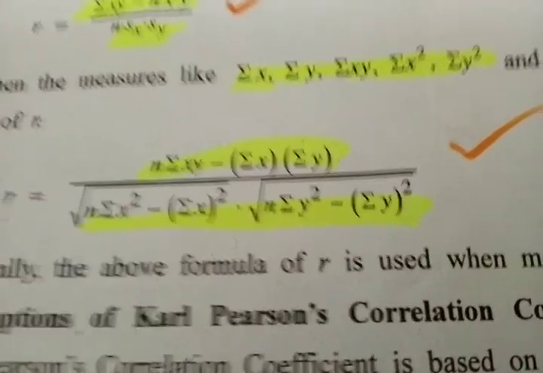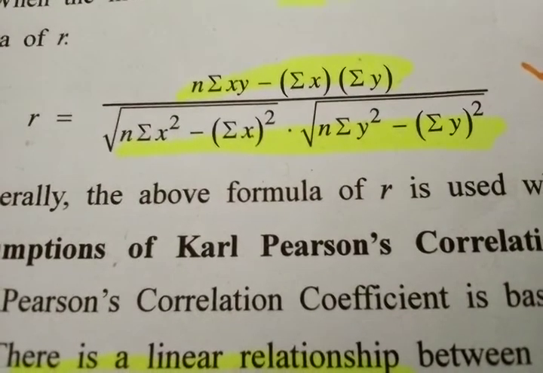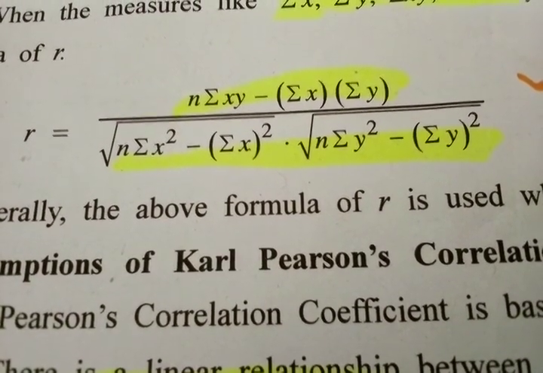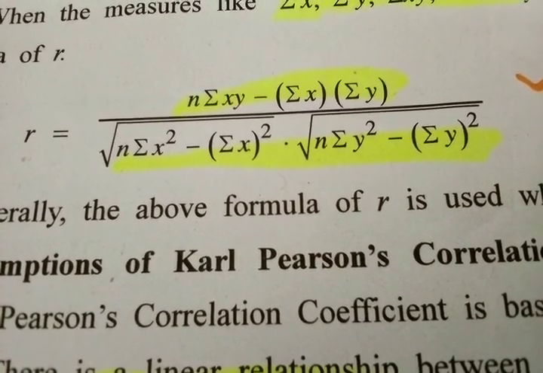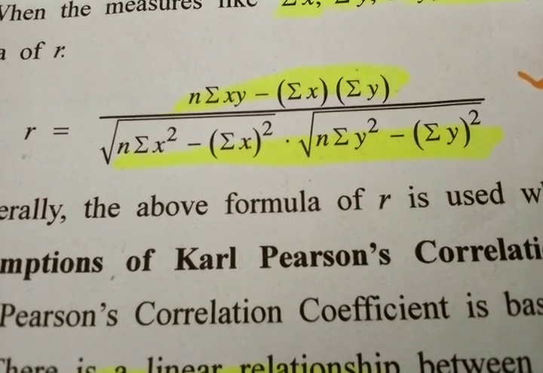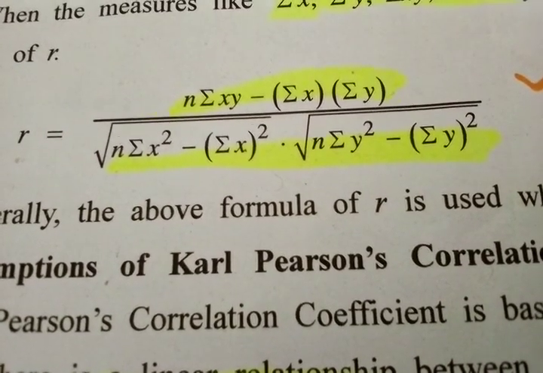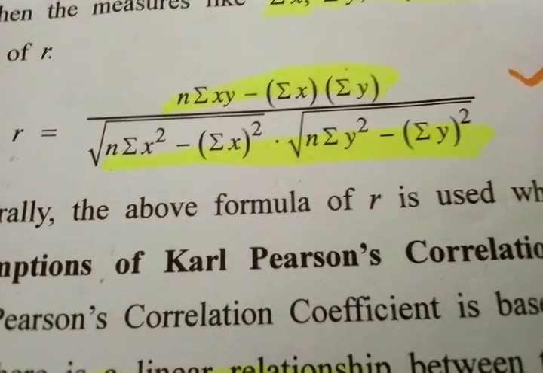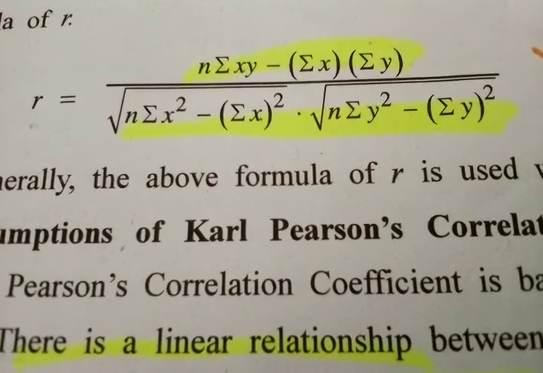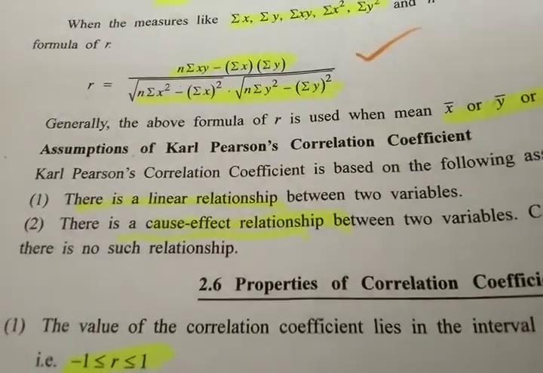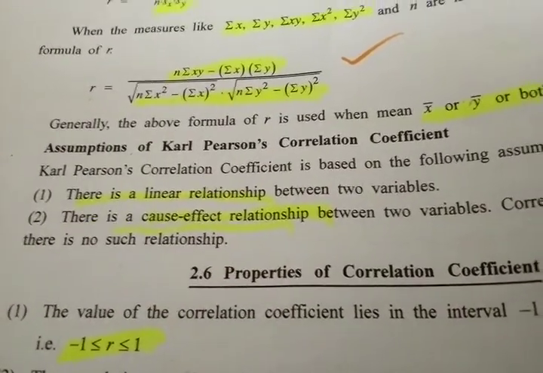And that formula can also be used for calculation of r, where r equals n into sigma xy minus sigma x into sigma y upon square root of n sigma x squared minus sigma x the whole square into n sigma y squared minus sigma y the whole square. Okay, so these are the different formulae which we can apply to get the Pearson's coefficient of correlation.